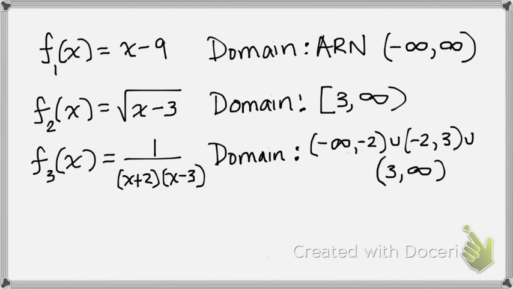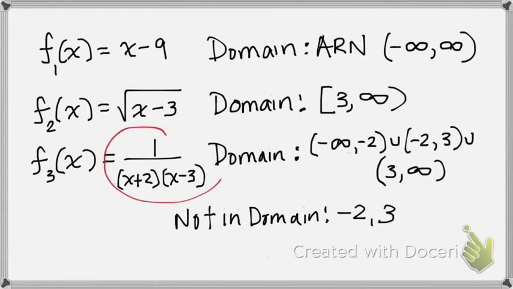And then the other question could be, well, what values are not in the domain? In that case, no interval notation, and it doesn't take a lot to say. I just go -2, 3. And I say those two values are not in the domain of this function. And that is a review of domain.